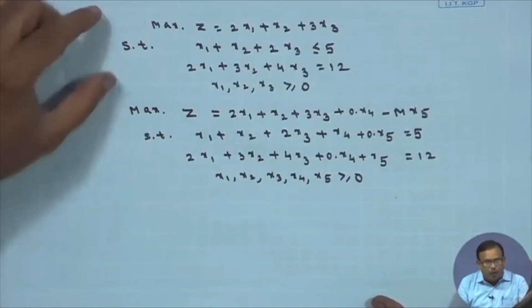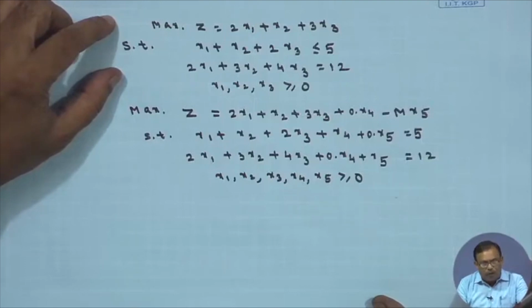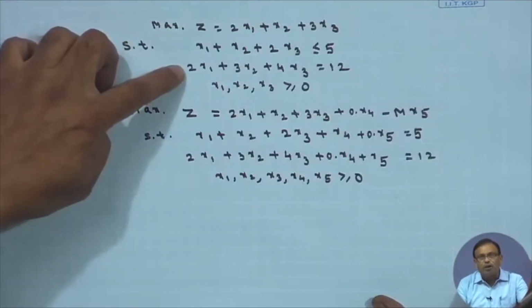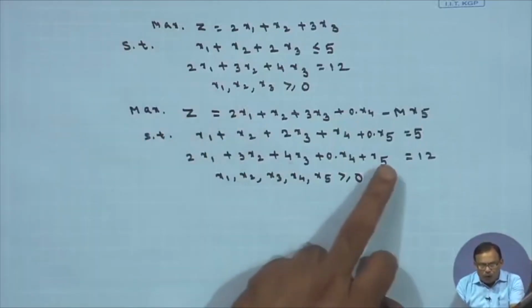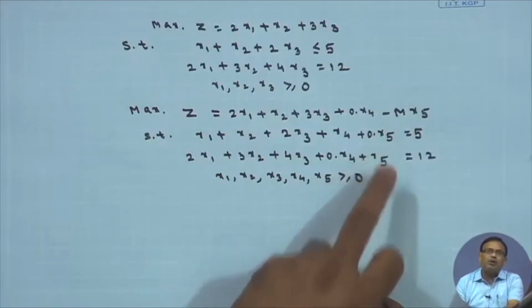So, the problem here is with this equality sign. Although this is an equality, I have to add one more artificial variable to this particular problem, for what reason? To derive the initial basic feasible solution.